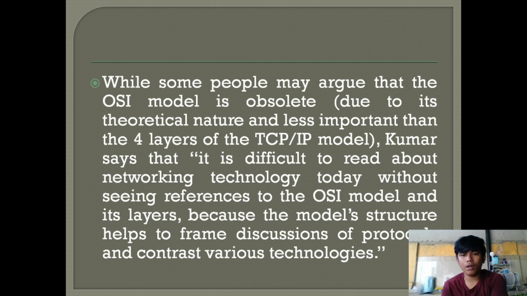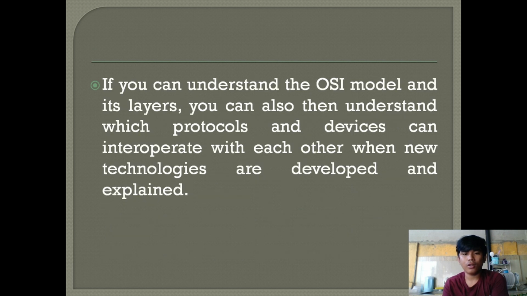While some people may argue that the OSI model is obsolete due to its theoretical nature and less important than the 4 layers of the TCP model, Kumar says that it is difficult to read about networking technology today without seeing references to the OSI model and its layers, because the model structure helps to frame discussion of the protocols and contrast various technologies. If you can understand the OSI model and its layers, you can also understand which protocols and devices can interoperate with each other when new technologies are developed and explained.